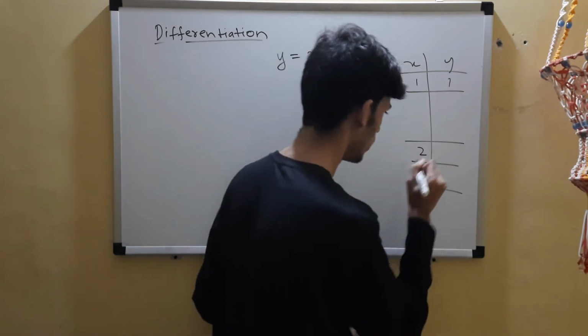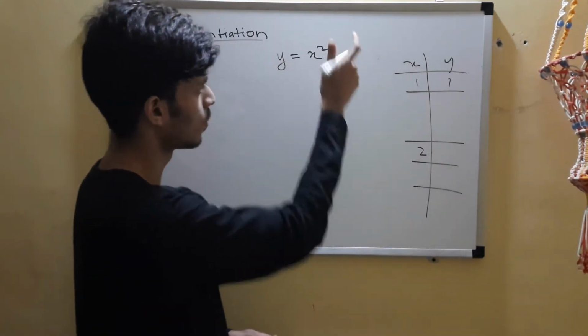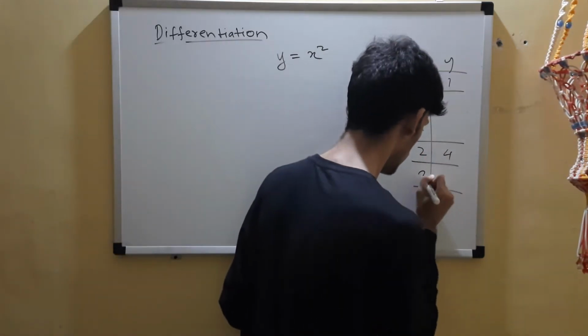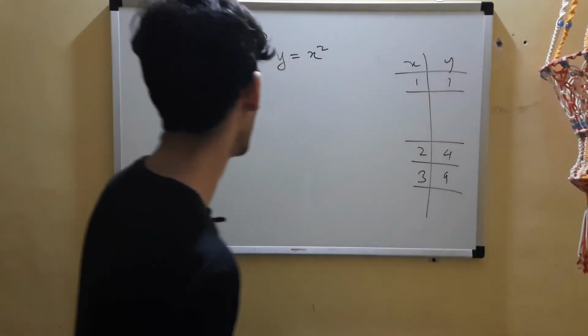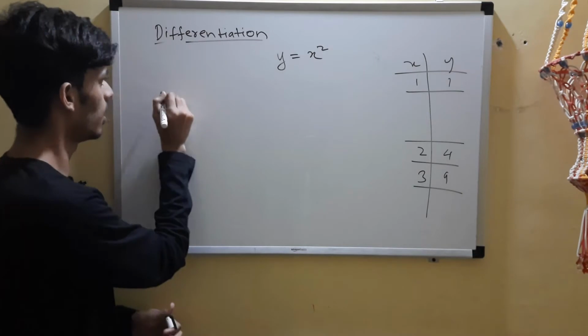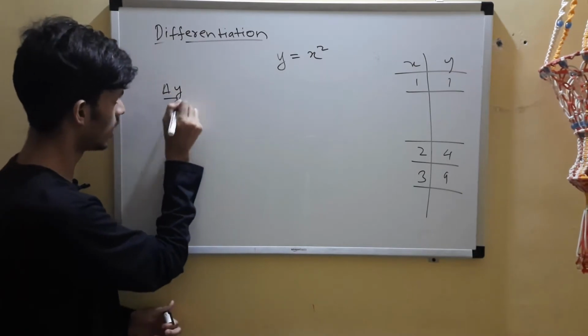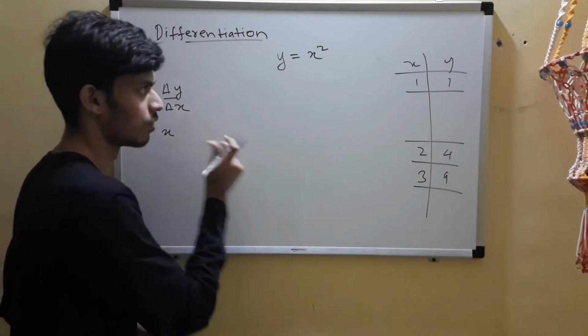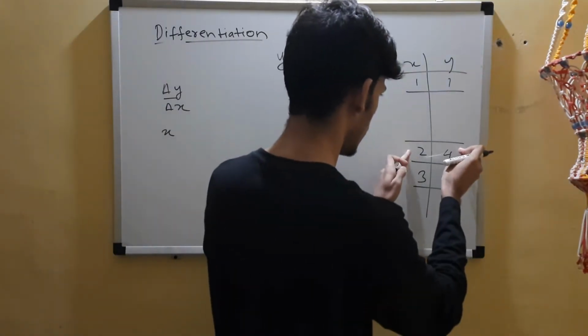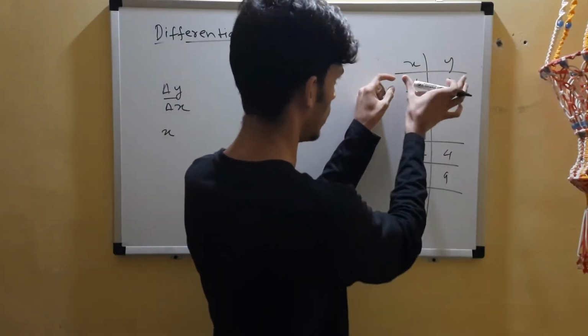Then x equal to 2, y will be 2 square, 4. Then x equal to 3, y will be 3 square, 9, and so on. In each case I ask you for delta y by delta x.